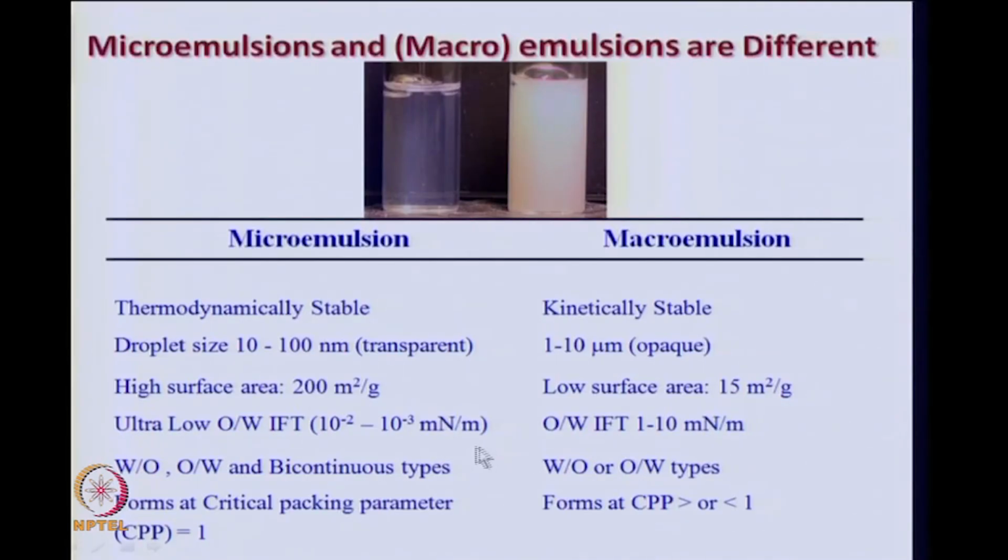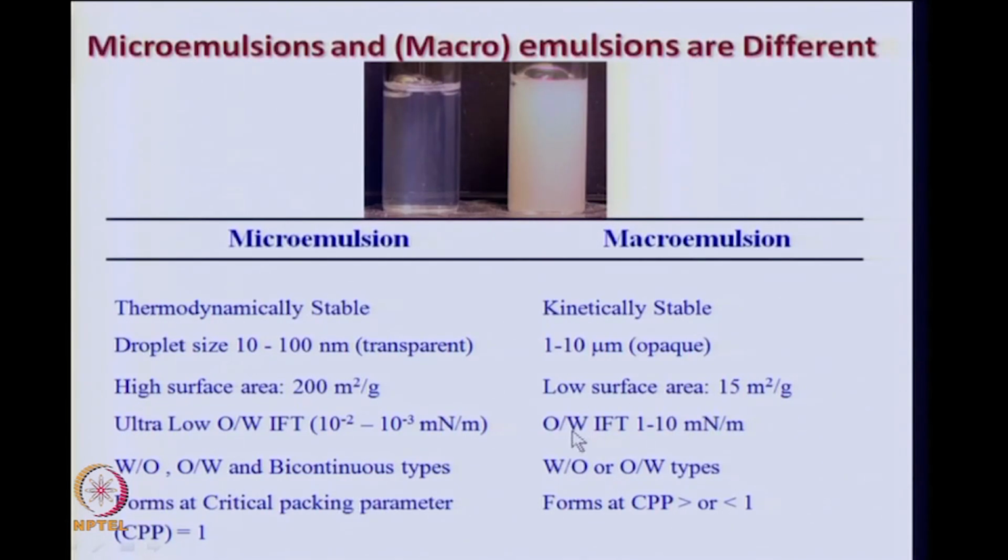And so, there is a large difference in the interfacial tension present at the interface in a microemulsion and a macroemulsion, and that is why macroemulsions, because of this large interfacial tension, are not thermodynamically stable and they are kinetically stable.